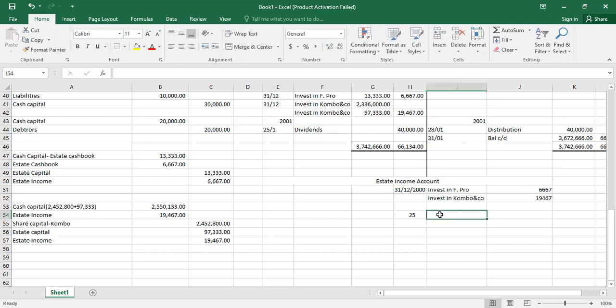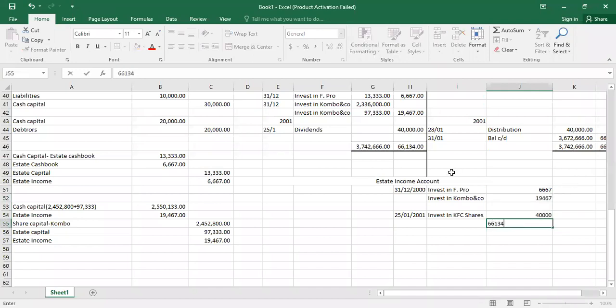We'll just write here investment in KFC shares. The amount is 40,000, right? This is on 25th. We don't have any other investment. So if you total this, we are getting 66,134.